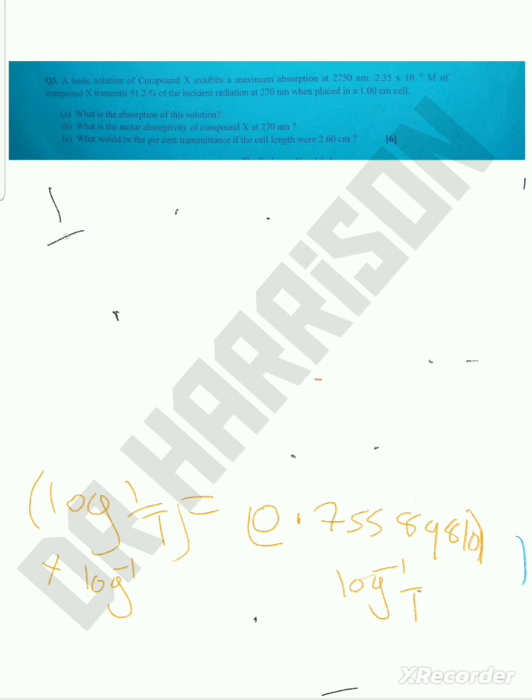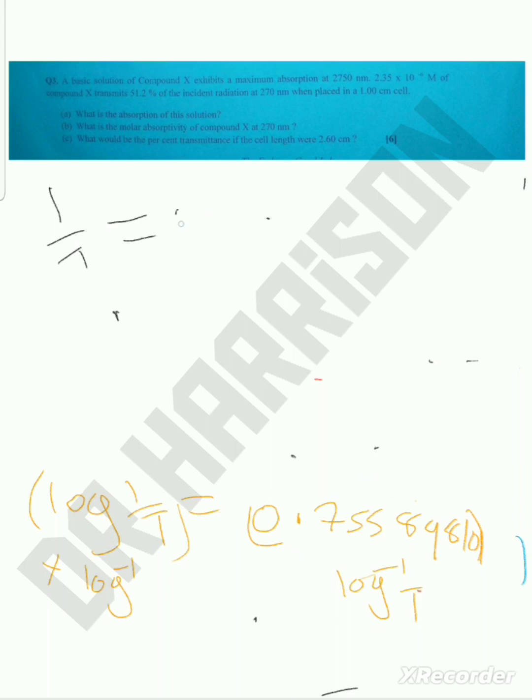1 over transmittance, the log has gone, is equal to the inverse log of this one. So on the calculator you punch shift log, then you put this answer here, you get the inverse log.